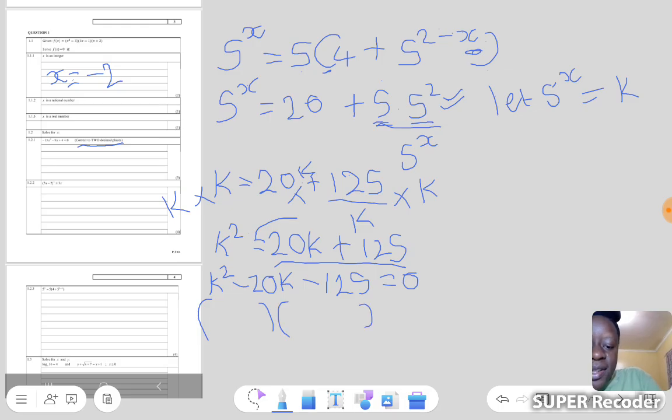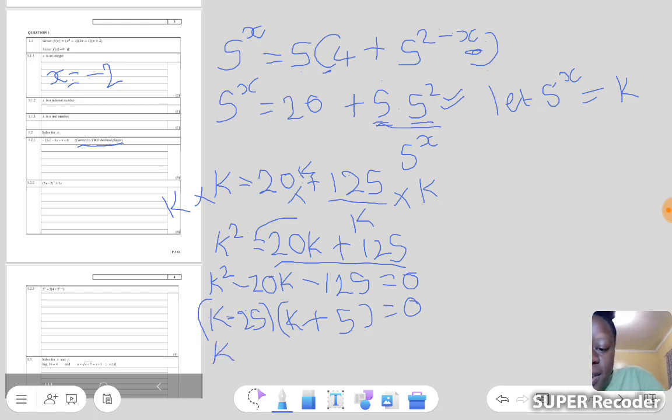So let's find factors. We have k and k here. Let's put 25 and 5 this side, positive here, and negative on this side.